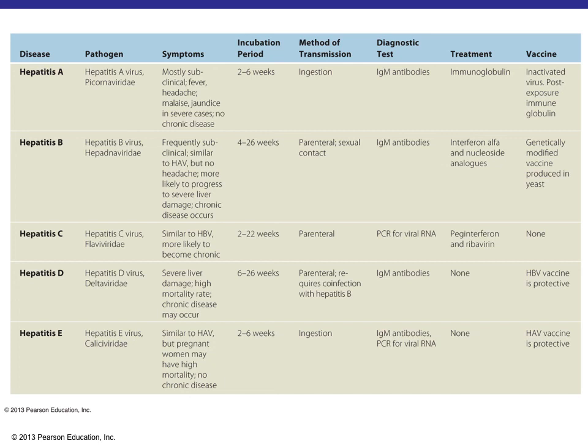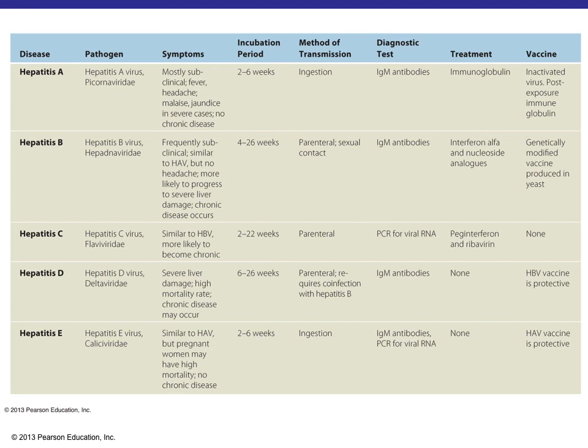Hepatitis B is a completely different virus, belongs to the family Hepadnaviridae. It's frequently subclinical. It's a much more serious disease. It's likely to progress to severe liver damage and chronic disease can occur. 4 to 26 weeks incubation period.